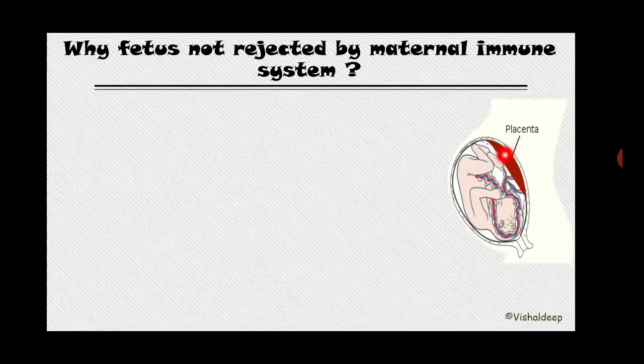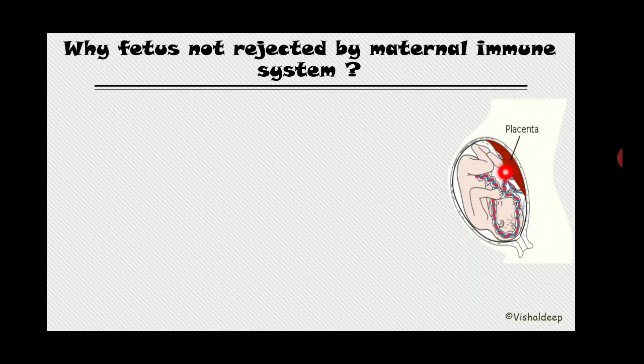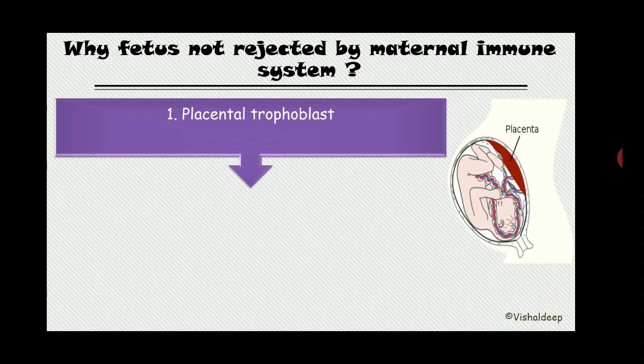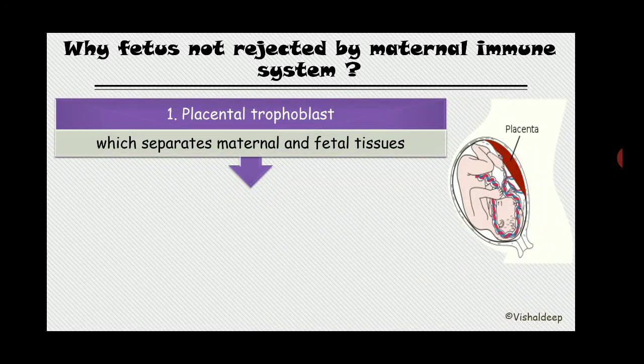So basically the wall or the resistance for the maternal immune system will be present at the level of the placenta. So there are actually two reasons why the fetus is not rejected by the maternal circulation. The first one is the placental trophoblast. Now the placental trophoblast actually separates the maternal and the fetal tissue.